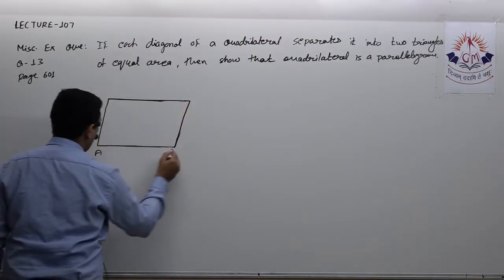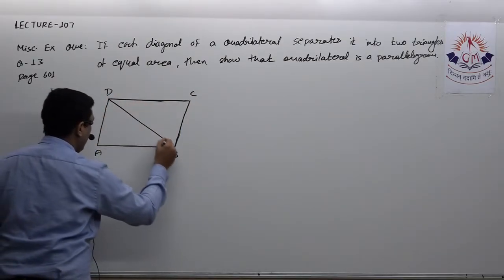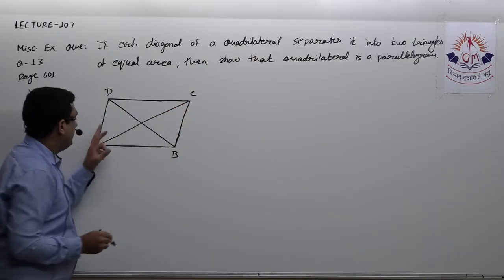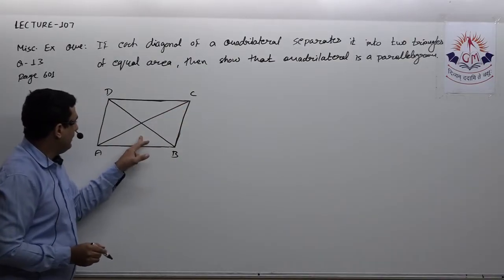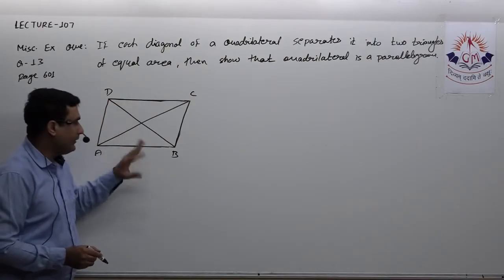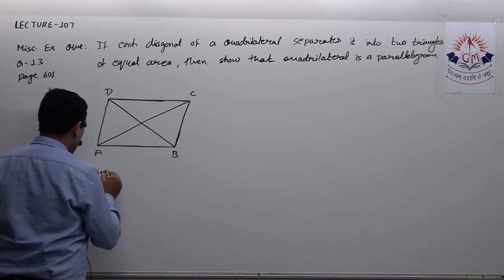So we have a quadrilateral ABCD, diagonal BD and diagonal AC, such that area of triangle ABC is equal to area of triangle ACD. That means the diagonal divides it into two triangles of equal area.